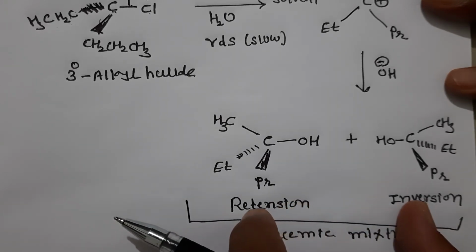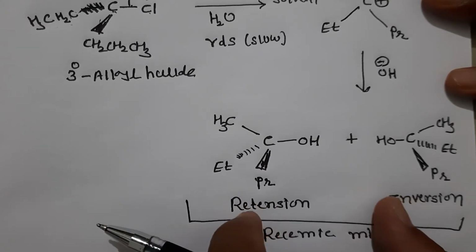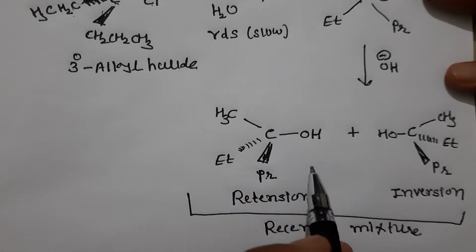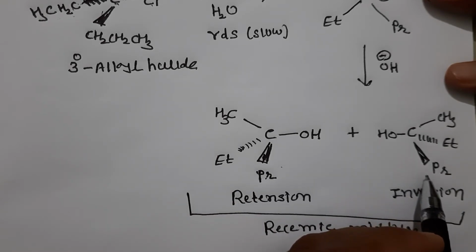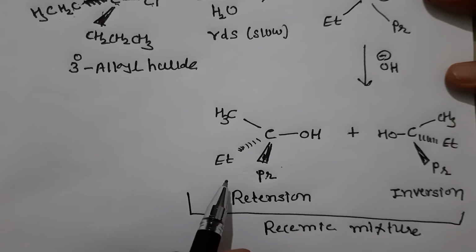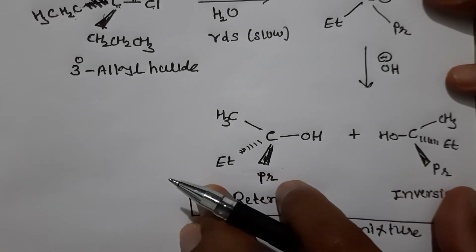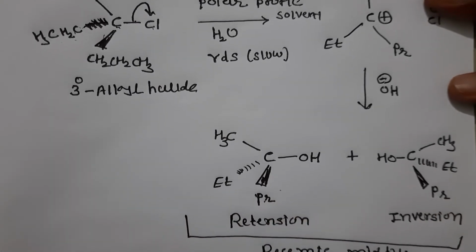So ultimately the rotations cancel, and we cannot rotate the plane polarized light, so this compound is optically inactive. 50% may be plus rotation and 50% minus rotation. If it is dextrorotatory, then the other may be levorotatory, and if it is levorotatory, then the other may be dextrorotatory. So ultimately this mixture is optically inactive because rotation is cancelled on both sides.